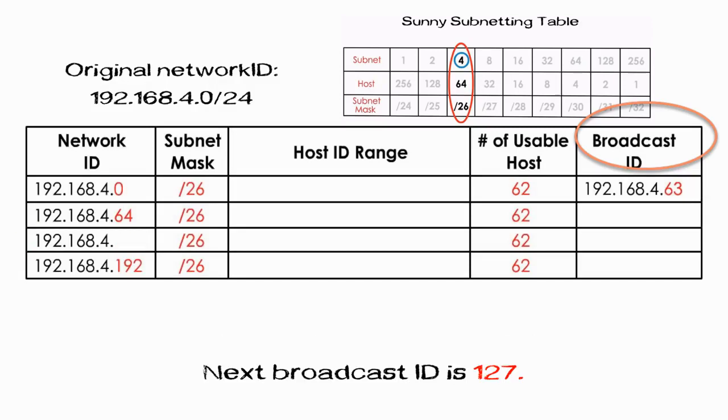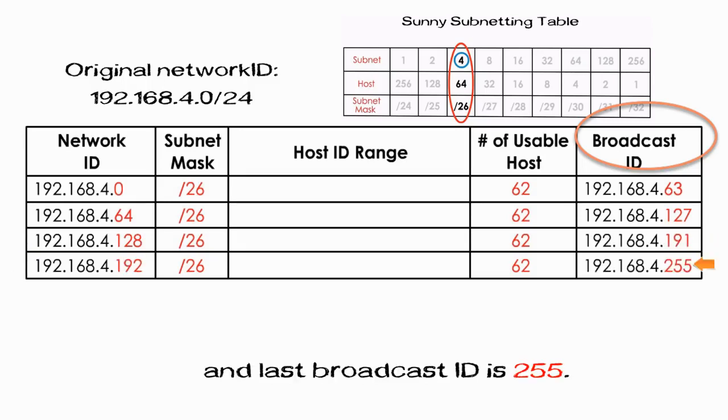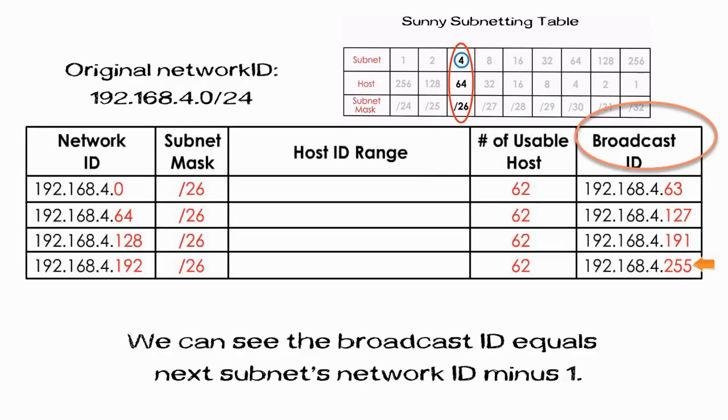The next broadcast ID is 127. The next one is 191. And the last broadcast ID is 255. We can say the broadcast ID equals the next subnet's network ID minus 1.